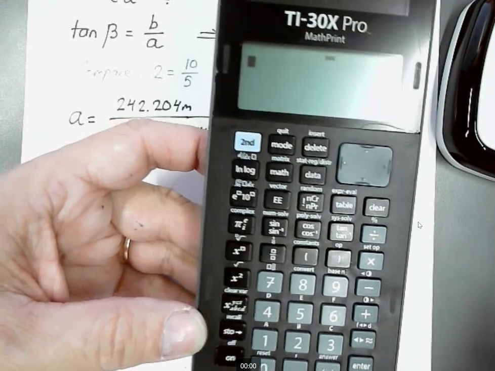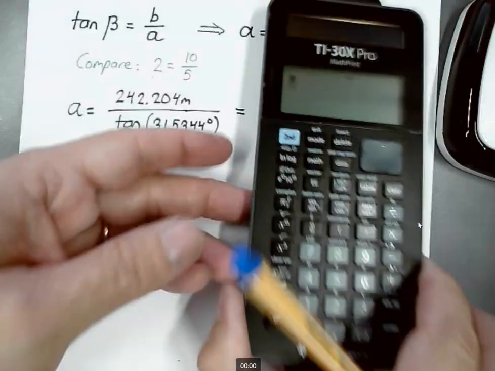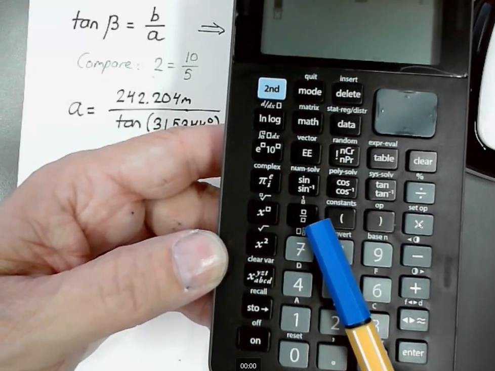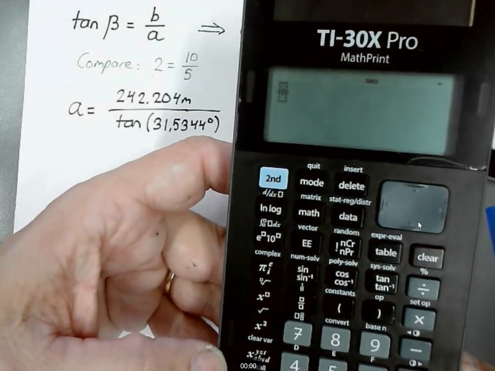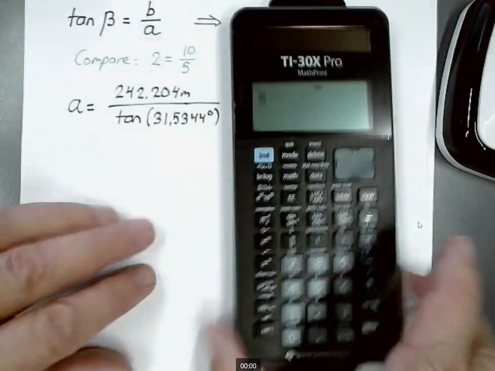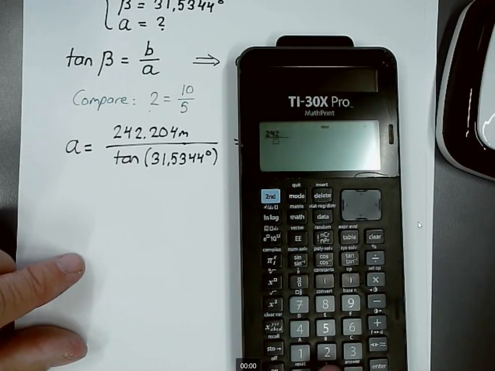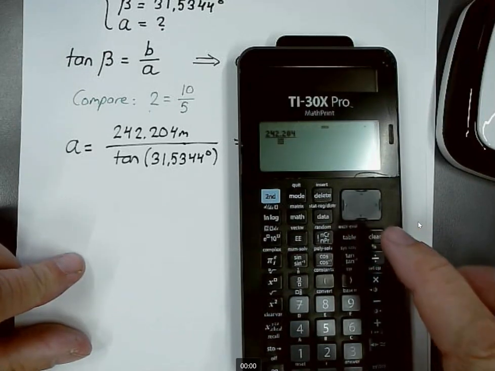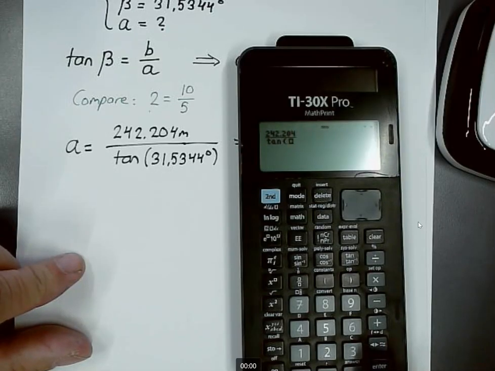And this also gives me the possibility to use this kind of letter here. You may put this line there between the top and bottom parts of the division. So I may write this exactly as on the paper: 204 divided by tangent of the angle.